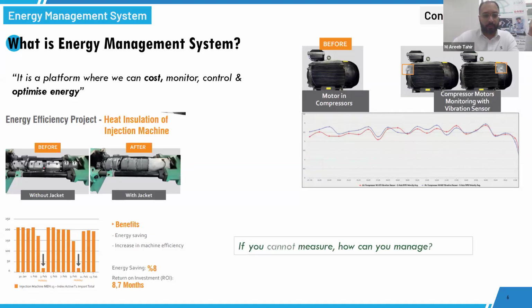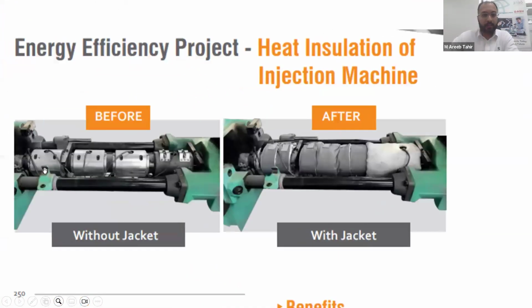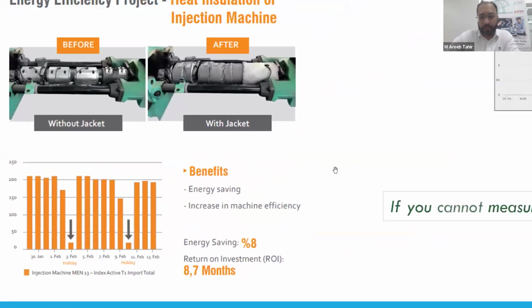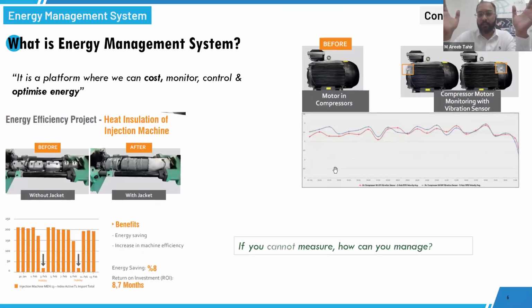So for example, this is one of the examples: you have a system without a jacket and a system with a jacket, and you can see how much is the reduction. Based on this reduction, you can actually know the ROI of the improvement. The same goes for the motor, after the improvement by installing the vibration sensor.